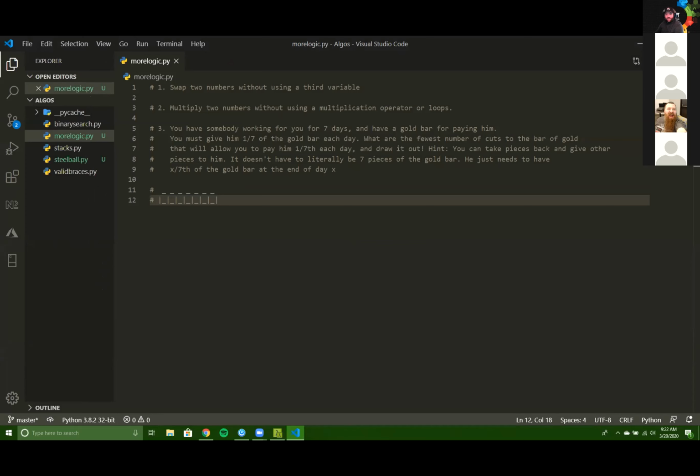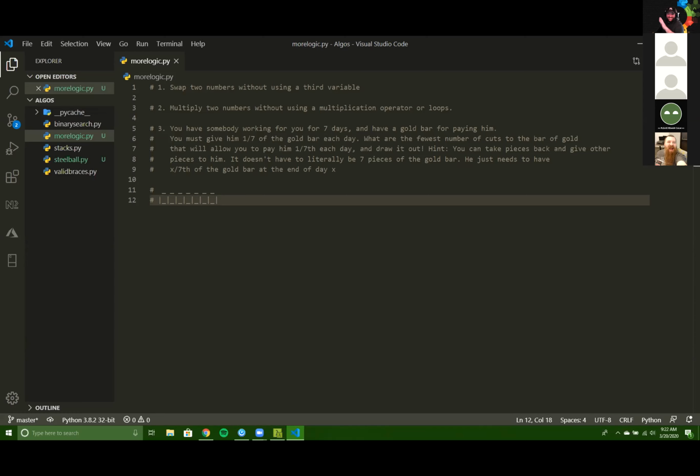All right, ready? Break. Oh wait, I have to actually. Let's see. Why are you not just giving him 1/7 of the bar every day? Because it's inefficient. It's going to take so much work to cut the bar into 7 pieces. Why are you worried so much about cutting the bar when you're giving away a gold bar? I don't know.